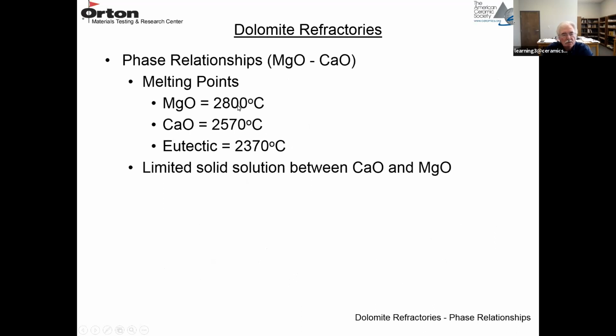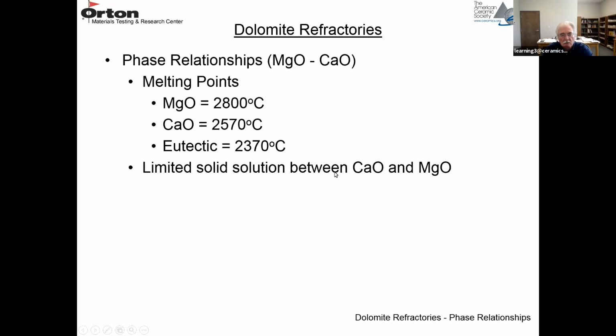MgO melts at 2800 degrees C, CaO melts at 2570 degrees C, and we mentioned the eutectic is 2370 degrees C. Very high melting points. We showed the phase diagram last week for CaO and MgO. There's limited solid solution between these end members.